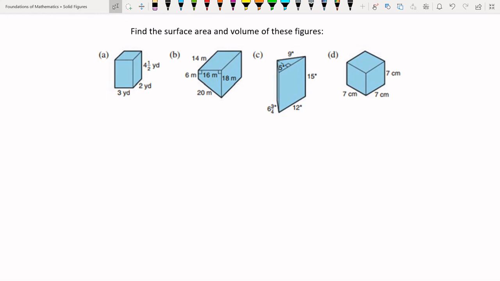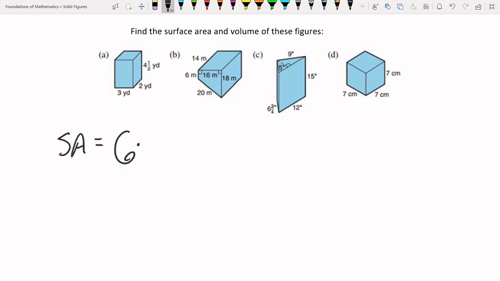All right, last figure, and arguably the easiest figure, because this is a cube. In a cube every single face is exactly the same, which means the surface area is going to be the same for all of them. And there are 6 faces, so we go 6 times the surface area of one of the sides.